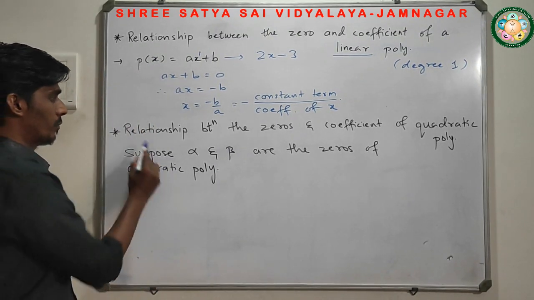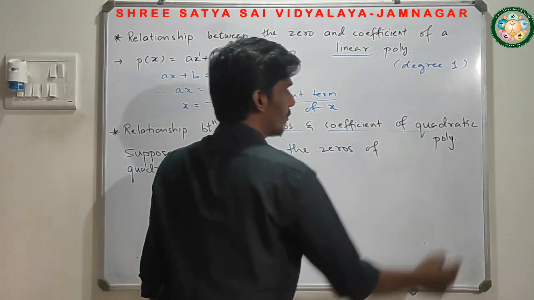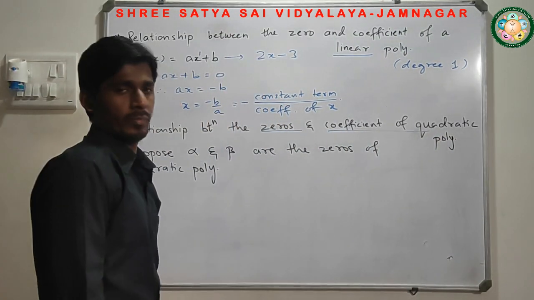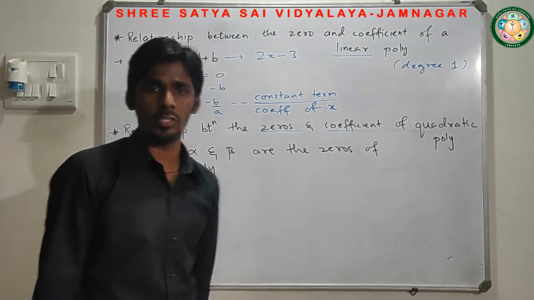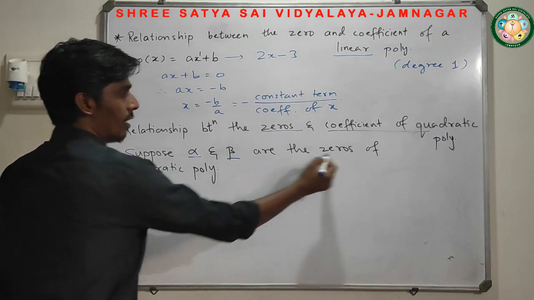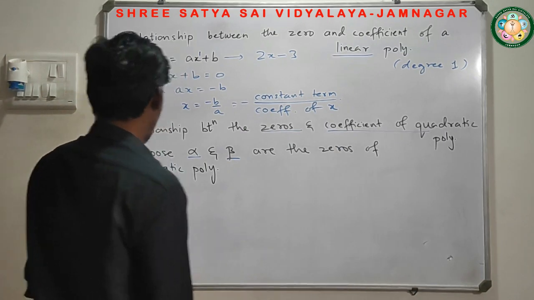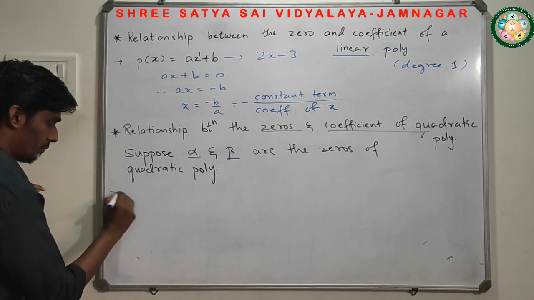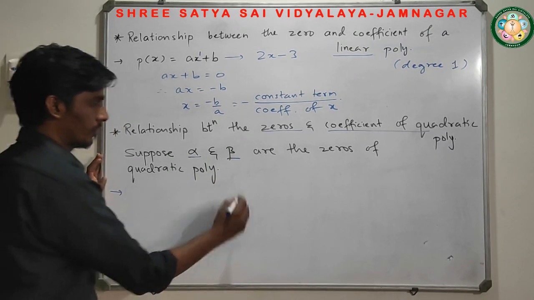Now the most important one, the relationship between the zeros and the coefficients of a quadratic polynomial. As we know from the example, for a quadratic polynomial there are two zeros possible, alpha and beta. Suppose alpha and beta are the zeros of the quadratic polynomial, then to find the sum, first of all we will write down the standard form of the polynomial.